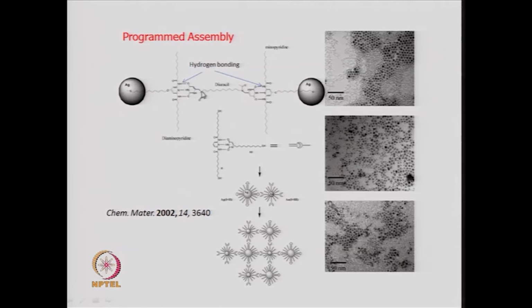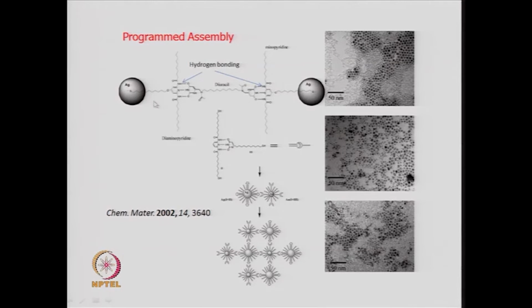So, one end of this diuracil molecule immediately binds to this part of the diaminopyridine molecule. When it binds onto this side, the other side which is free finds another molecule like that, and it binds to that molecule from the other side. So, this is like a linker with two hands, one hand holding this silver atom, and the other hand holding this silver nanoparticle.